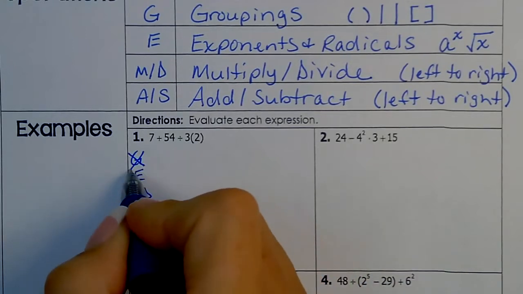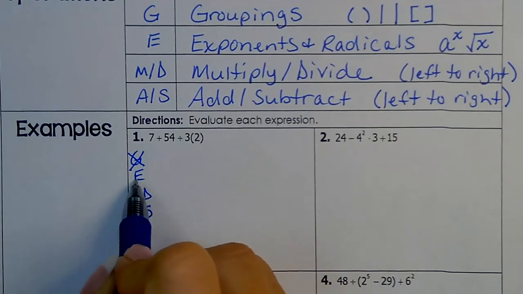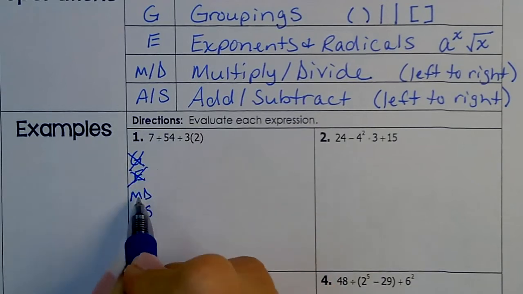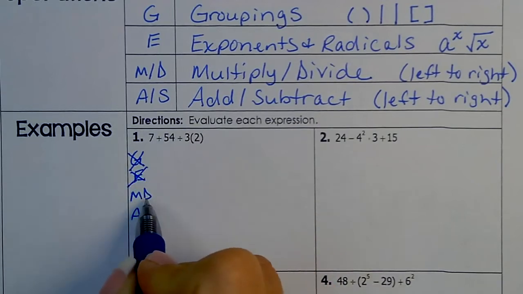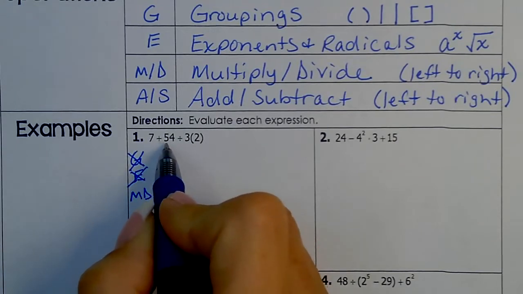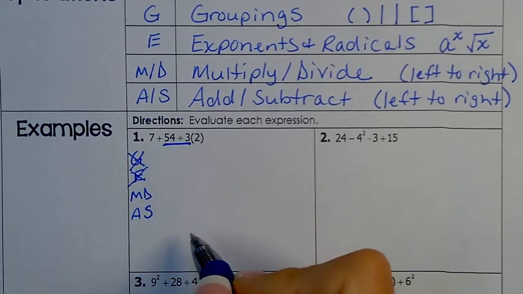I don't have any groupings that I need to take care of. Next, I'm going to look for exponents or radicals, and I don't see any of those. So we're going on to multiply, divide. Again, it's whichever I come to first. So here's addition, here's division. So this is what I need to do first.